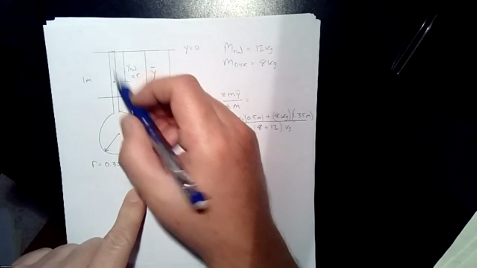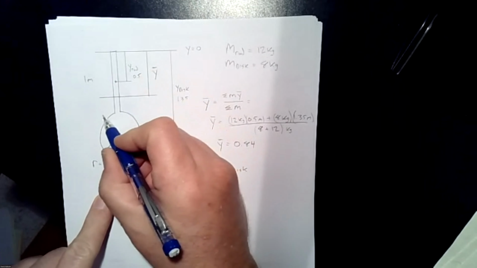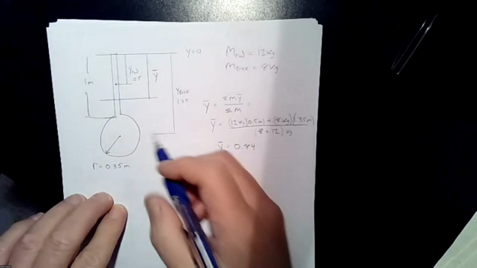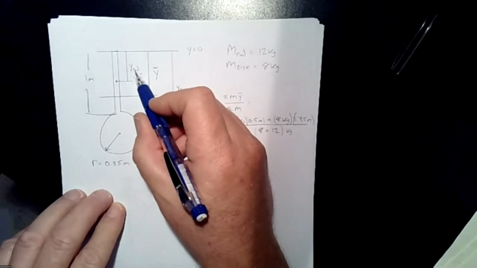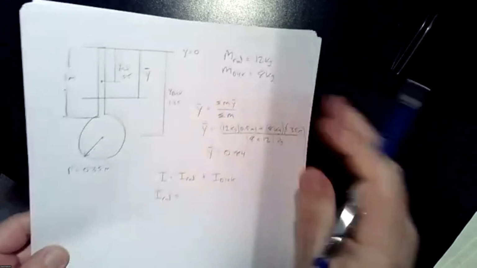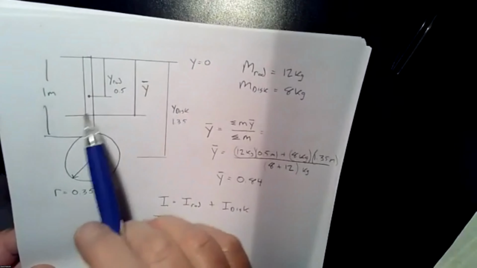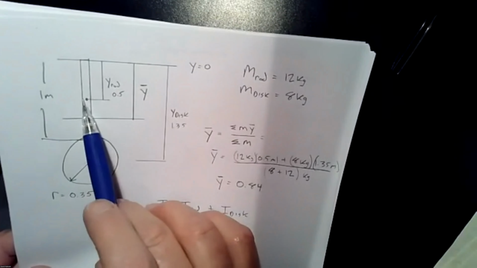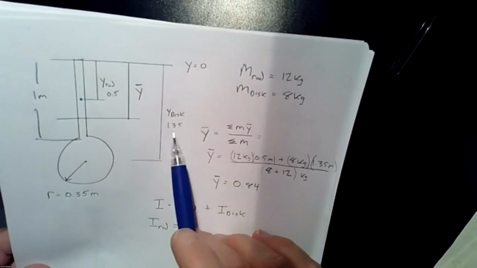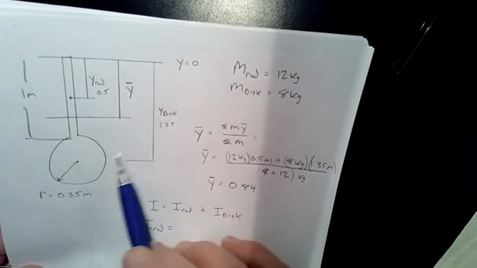This is 1 meter from here to here, like in the picture. Now we know the middle, this is y of the rod, it's 0.5. And then the middle of the disc, with respect to our datum, is 1.35.